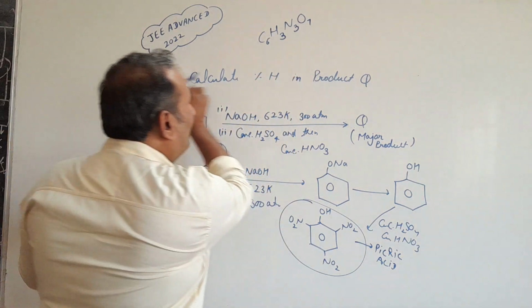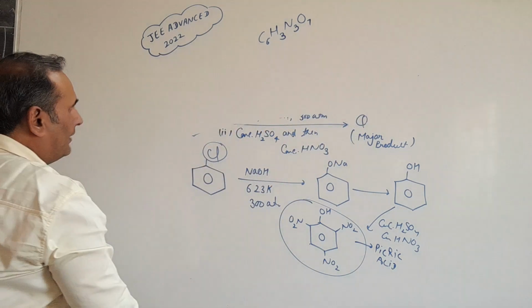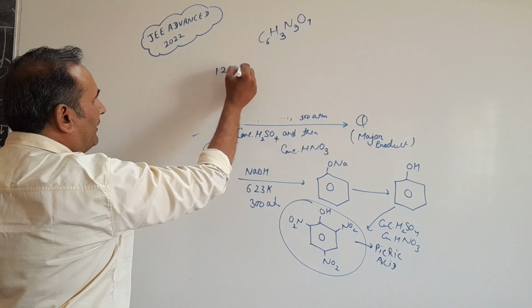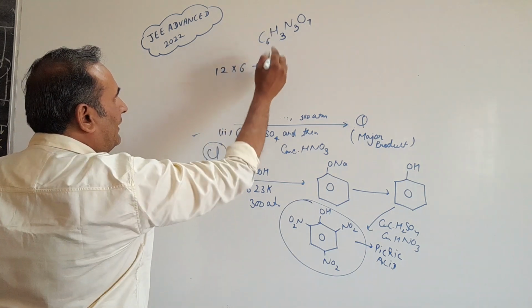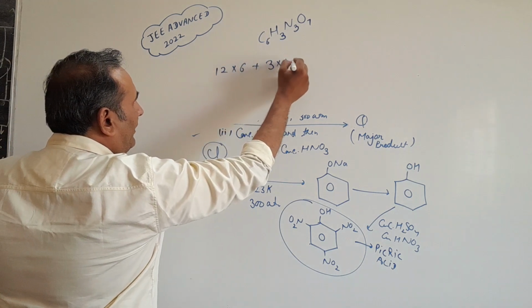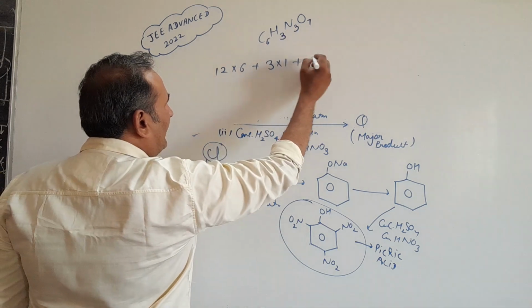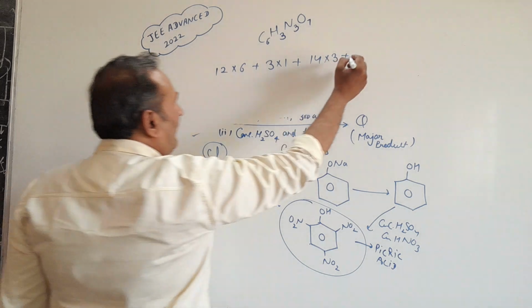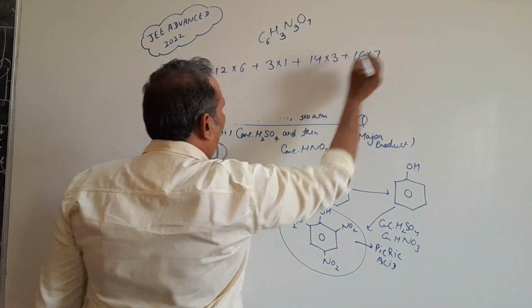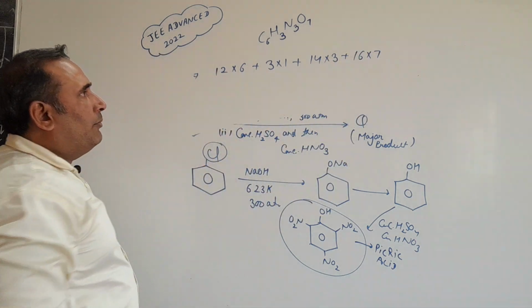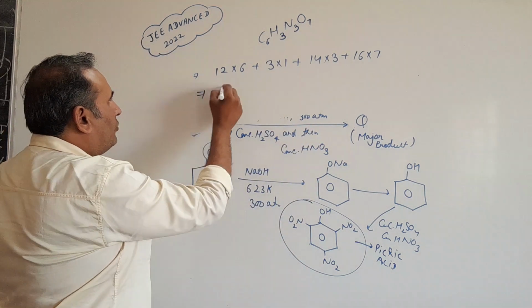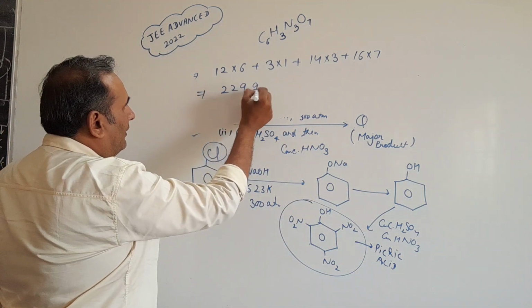It will be: carbon are 6, so 12 into 6, plus hydrogen are 3, so 3 into 1, plus nitrogen are 3, so 14 into 3, plus 16 into 7. We can calculate the molecular weight of this compound; it will be 229 gram.